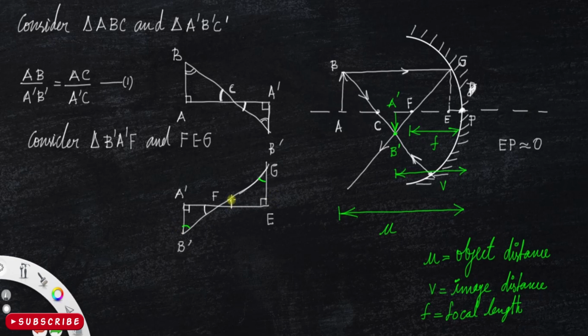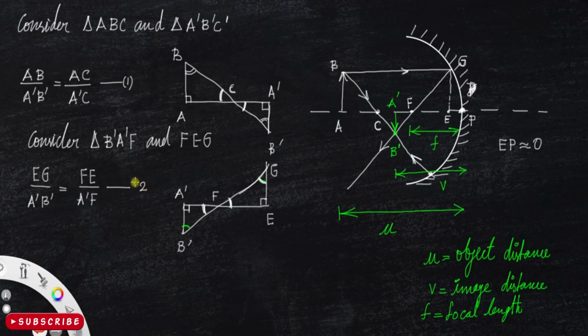That is, the side opposite to this angle is EG, divided by the side opposite to this equal angle, which is A dash B dash, equal to the side opposite to this angle, which is FE, and this angle is equal to this angle, and the side opposite to this angle is A dash F.